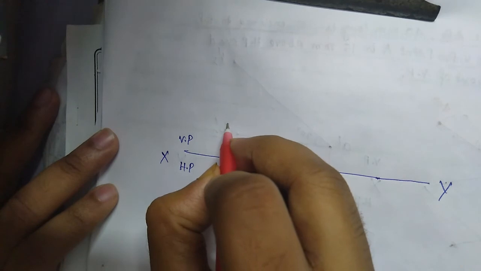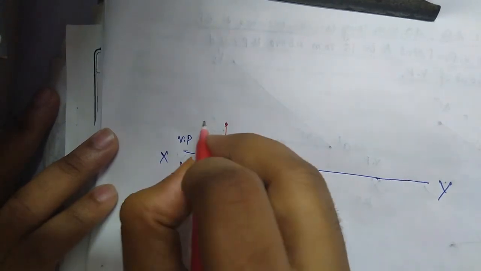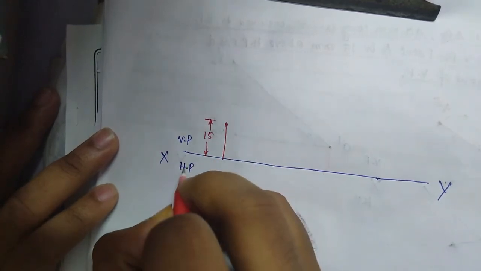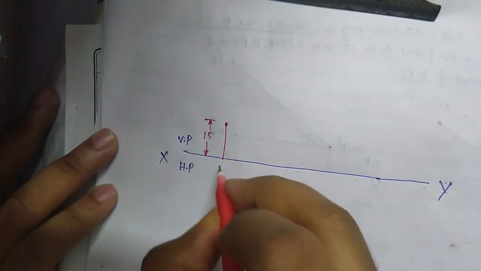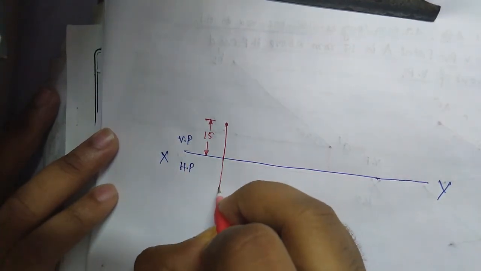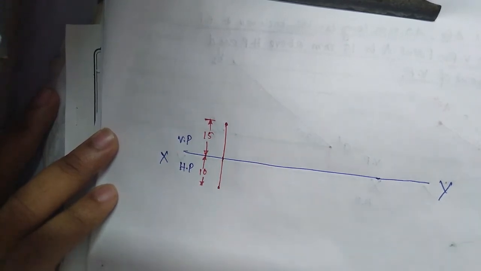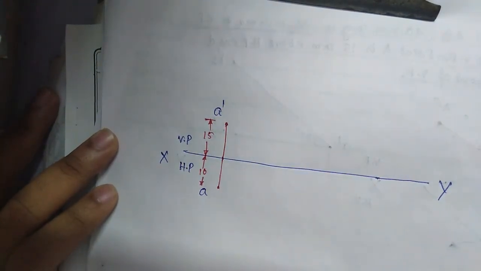Distance with horizontal plane of point A is 15 millimeter. So take the distance with horizontal plane at 15 millimeter. And distance with the vertical plane is 10 millimeter. So take these two distances, mark it as A prime, mark it as A.